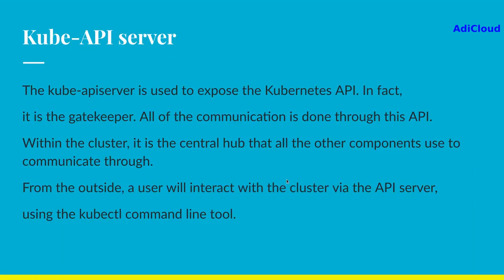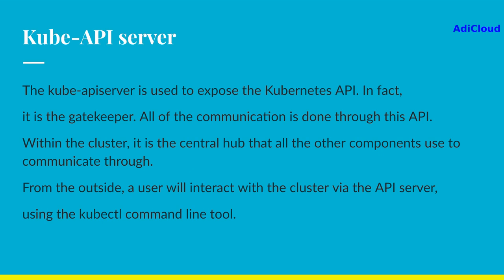So what the kube-api server is, the kube-api server is just a gatekeeper. It is what the end users or other worker nodes will use to communicate with the master node. The kube-api server is used to expose the Kubernetes API. All the communication is done through this API, and within the cluster, it is the central hub that all other components use to communicate through, like all the worker nodes, where your containerized application is running.